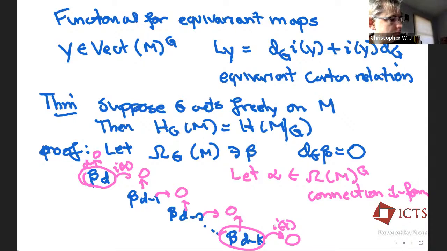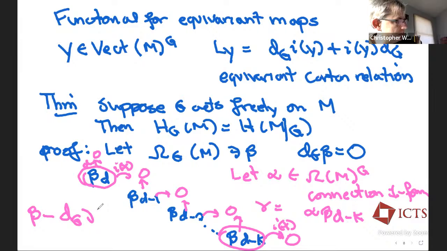And then I can let gamma be the connection form times this last part, the d minus k here. And then I can take beta minus dG gamma.